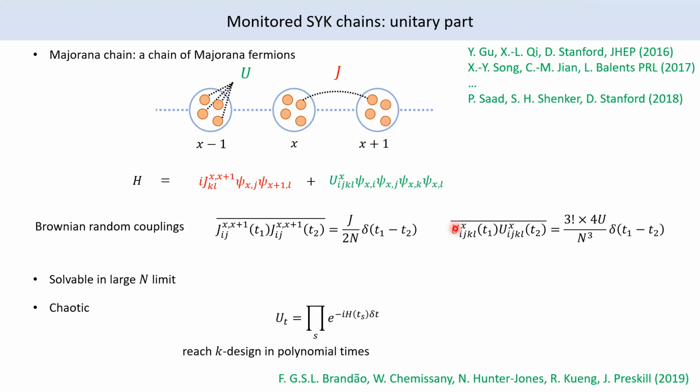In every site there are n of them, and I just pick randomly IJKL from that site. For every X, there are IJKL. X is just the site, so at each site you have n Majoranas. Oh, sorry, it is just psi_{x,i}. Yes, it is. Good.